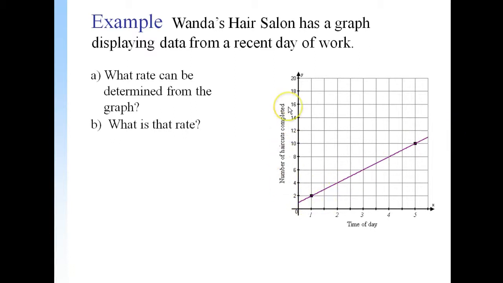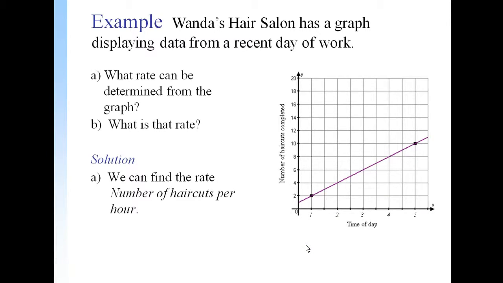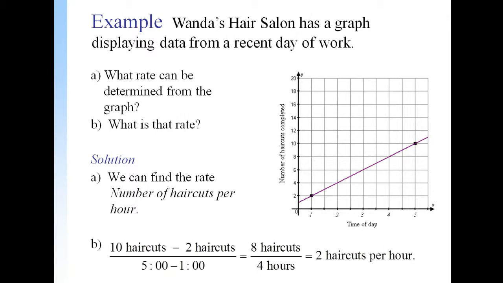Here, these are the number of haircuts completed, and these are hours in the day. So let's take a look at it. We can find the rate, that is the number of haircuts per hour, and if you just go, let's say, from here to here, notice in this 1 hour here, that's 2 haircuts. Okay? So she has a rate of 2 haircuts per hour.